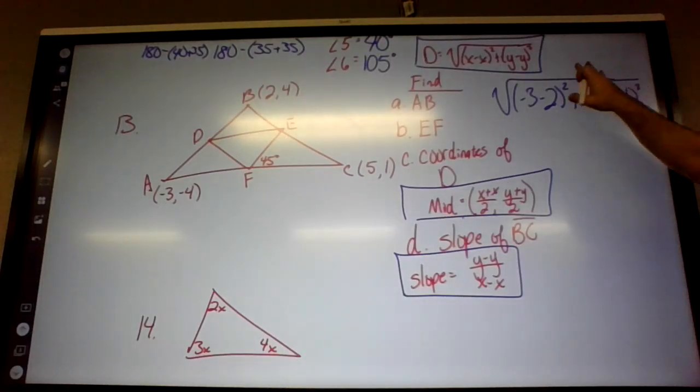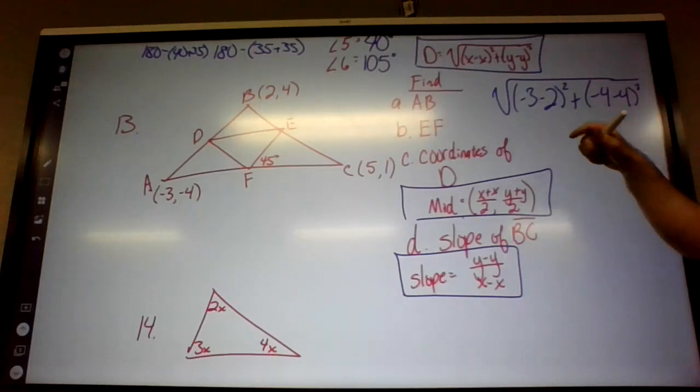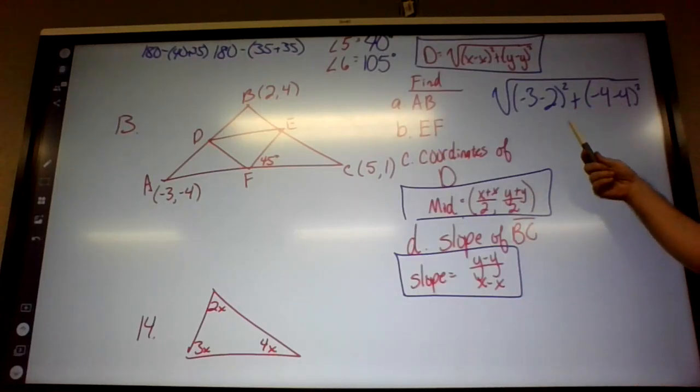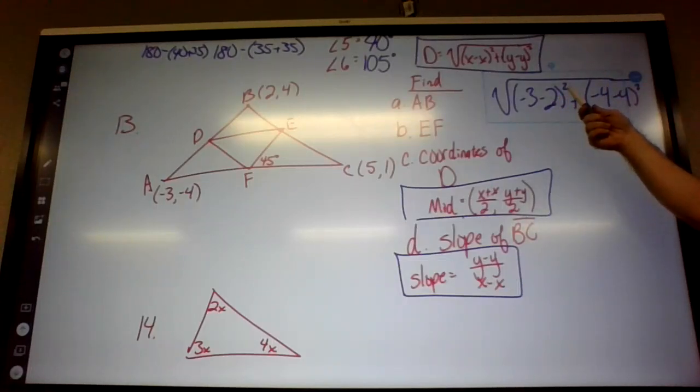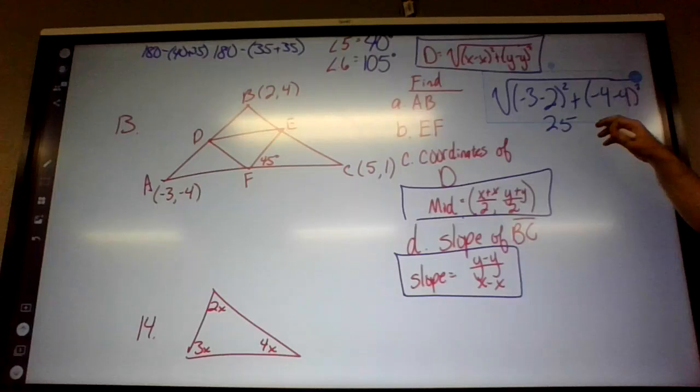You could just put all that in your calculator at once, if you have a decent calculator. If you don't, you might want to borrow one. The white ones. The black ones are pretty good too. Anyways, -5 squared is 25. -8 squared is 64.